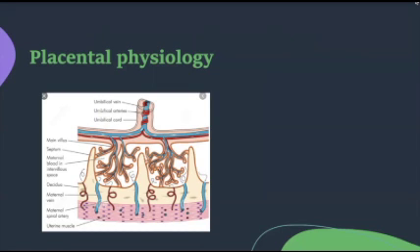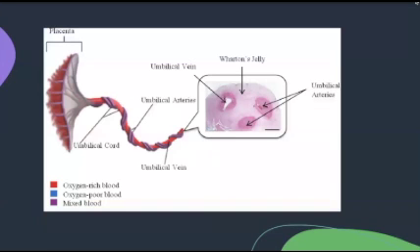The fully formed placenta is a red, discoid structure approximately 2 to 3 centimeters in thickness, and the average weight at term is about 500 grams.